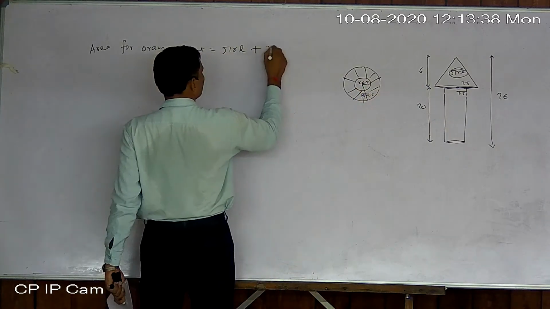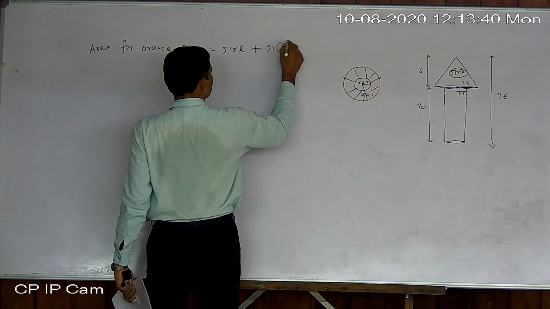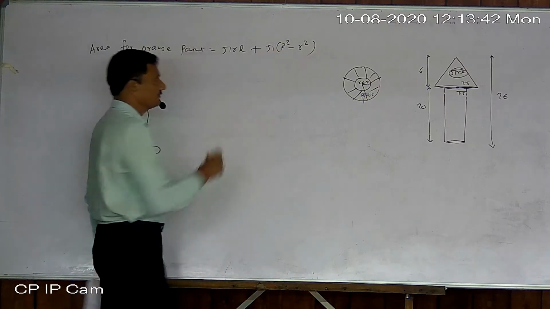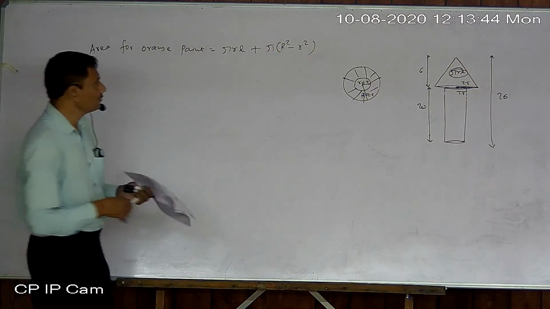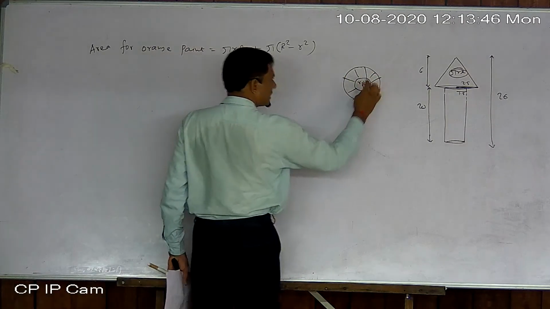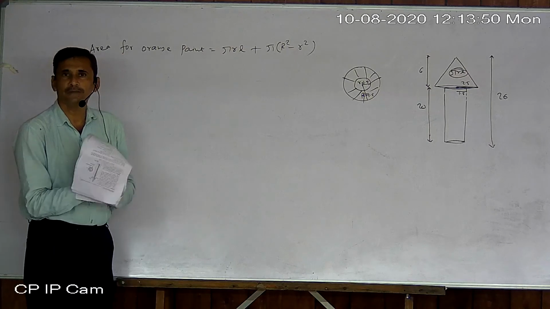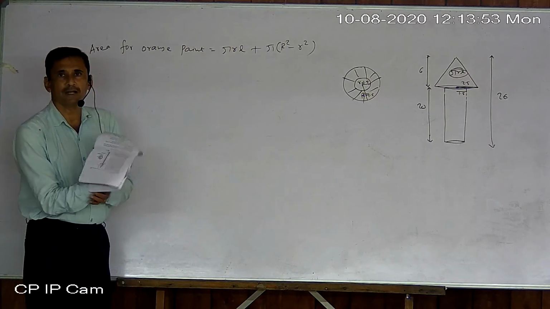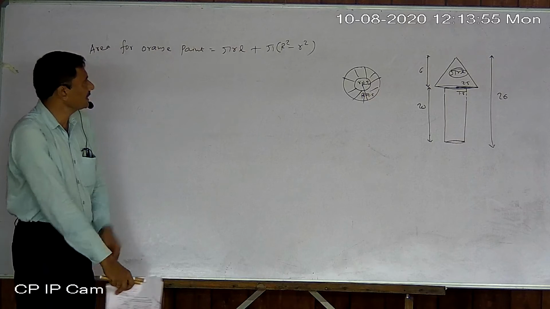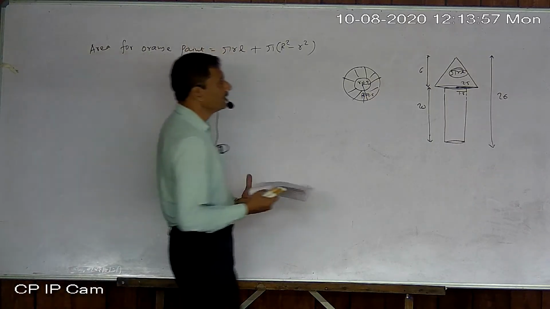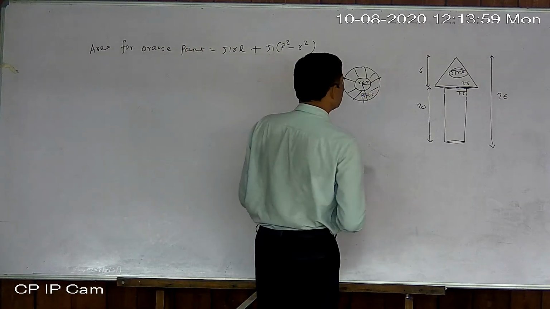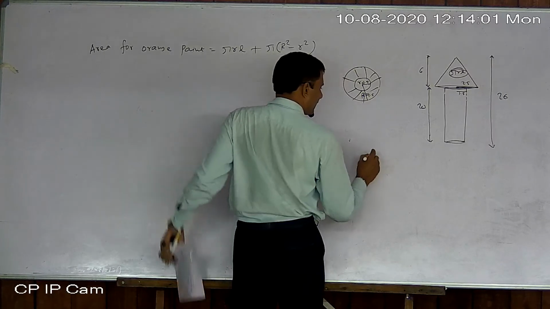So obviously it will be pi times R square minus small r square. Why? Because out of this bigger circular part, the smaller circular part is removed. So that is the part totally used for that one. But one problem arises there. L is not given. So first of all find L.